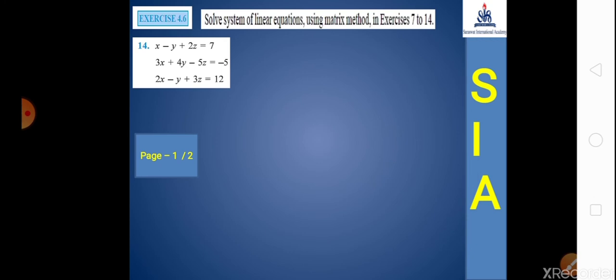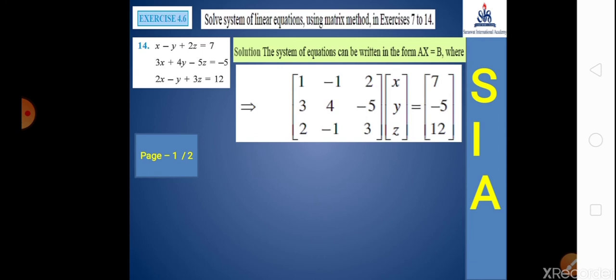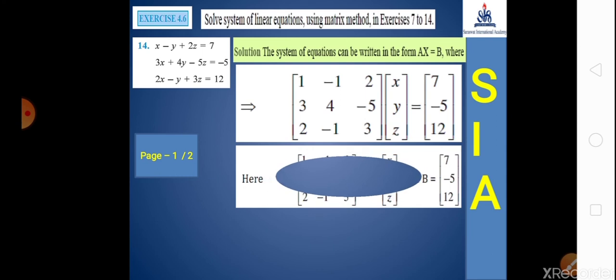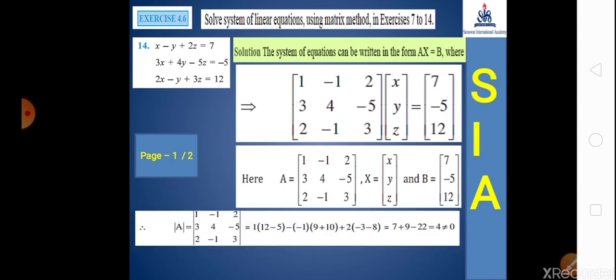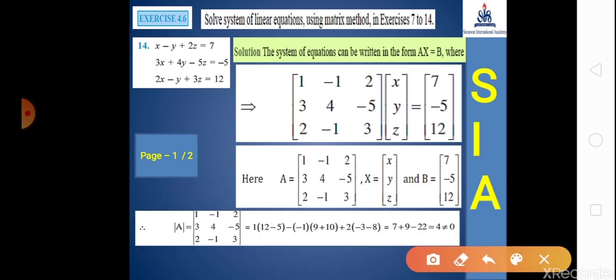Yes students, using the matrix method I ended numericals 7 to 14 here. So the same process applies, converting into equations that can be written in the form of AX is equal to B, where A, B and X are ready. So write A separately, X separately, and B separately. The determinant of A, after the matrix solution, is a value of 4.